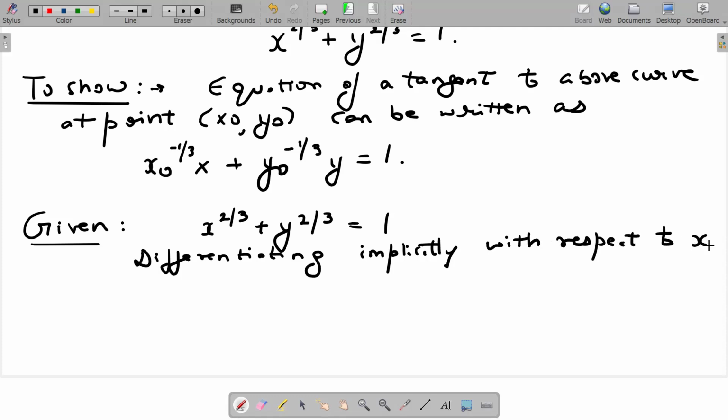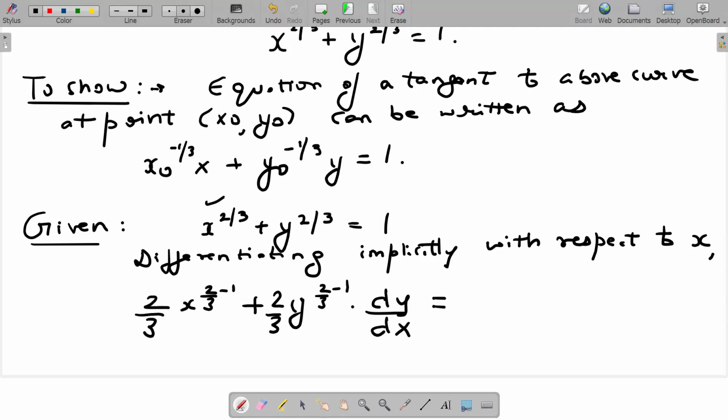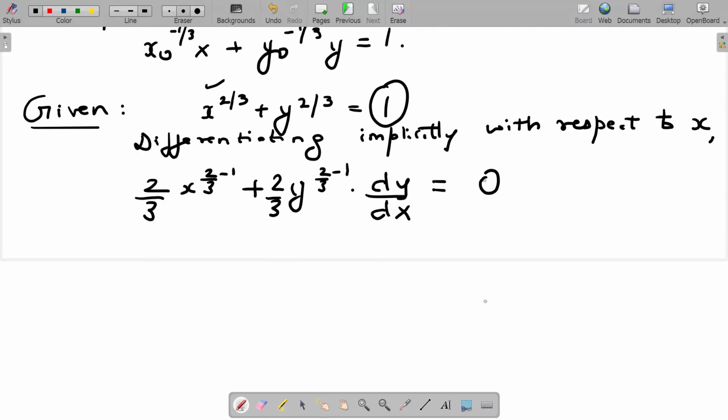So differentiating implicitly with respect to x, the derivative of x to the power 2/3 is 2/3 x to the power 2/3 minus 1. The derivative of y to the power 2/3 is 2/3 y to the power 2/3 minus 1 times dy by dx, remember, y itself is also a function of x, equal to the derivative of 1, which is 0. So what do I get?